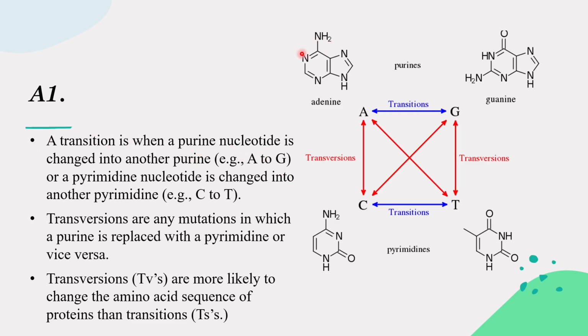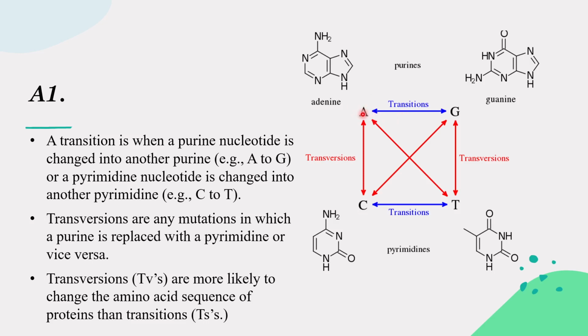So here it is adenine, guanine. They are purines. This is a simple representation of transition and transversion. They are cytosine and thymine. So if adenine is changed to guanine, or guanine changed to adenine, that means if the nucleotide base mutation happens in the purines only, in between the purines only, that will be called transitions.